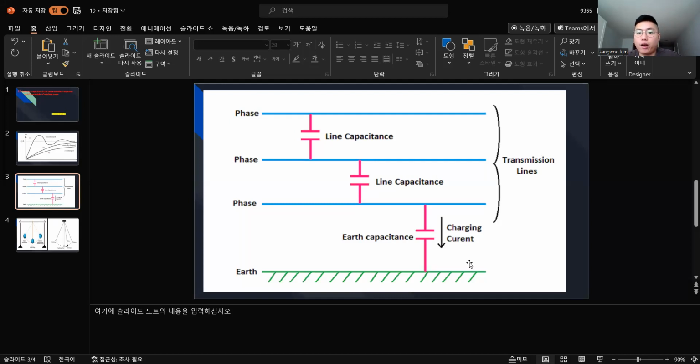Because of that earth capacitance or line capacitance, there are pros and cons. The advantage is that it improves our power factor, but the disadvantage is that it makes a surge of voltage.